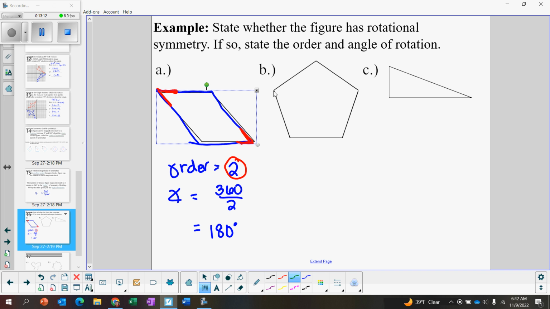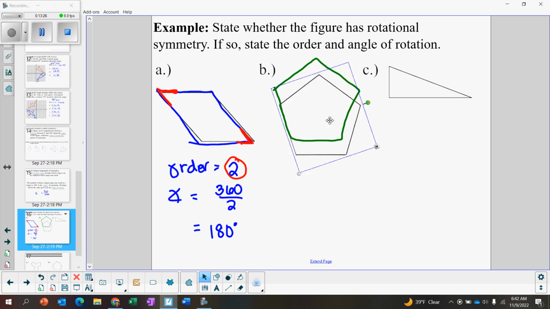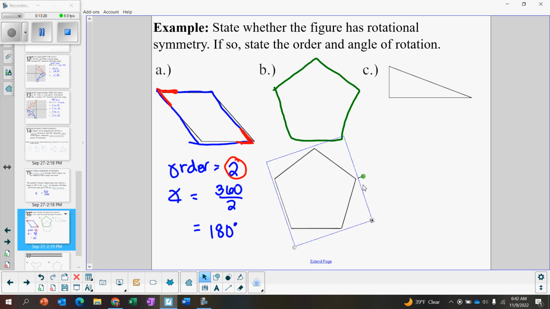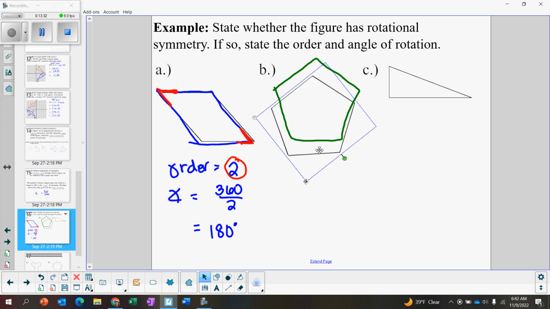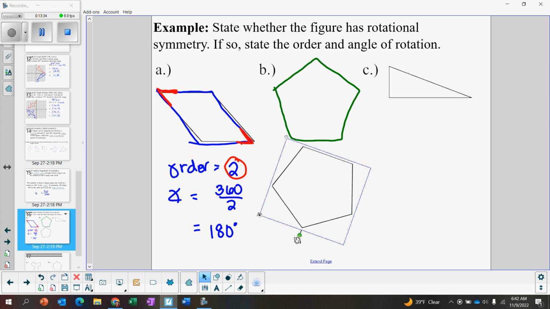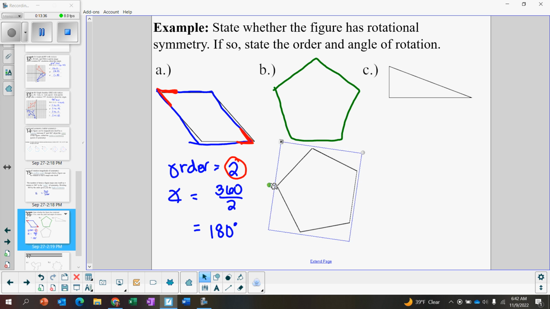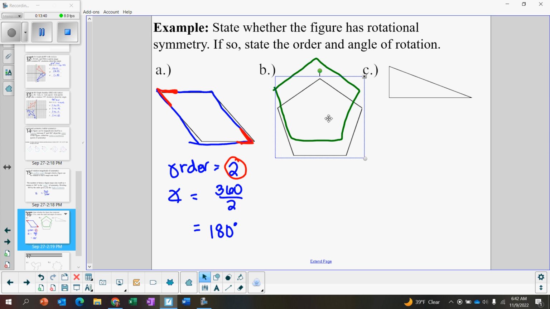If we look at our next one, obviously not perfect, but we're just looking for it to look like this picture. Already I see it looks like it once. Continue turning, it looks like it twice. Continue turning, that's a 3rd time, a 4th time, and the 5th time is what gets it back home.